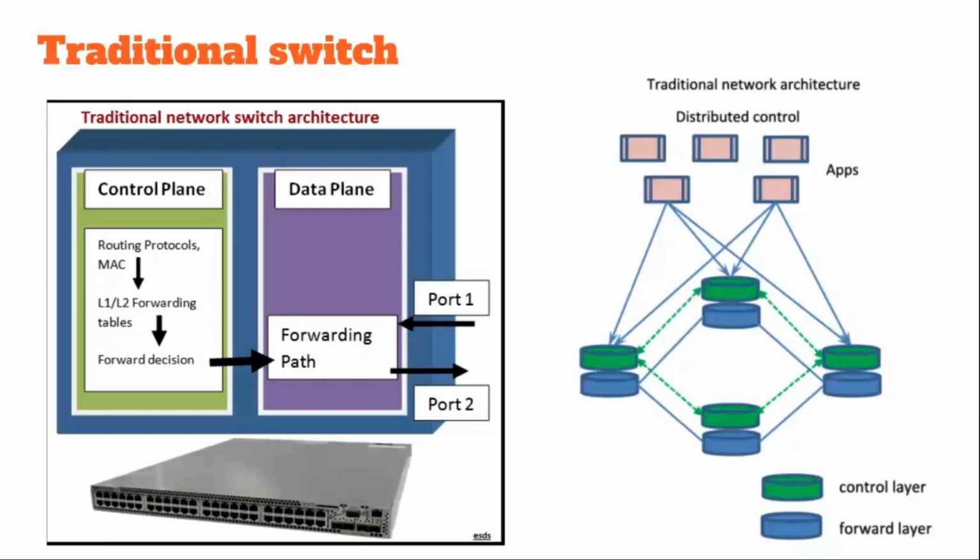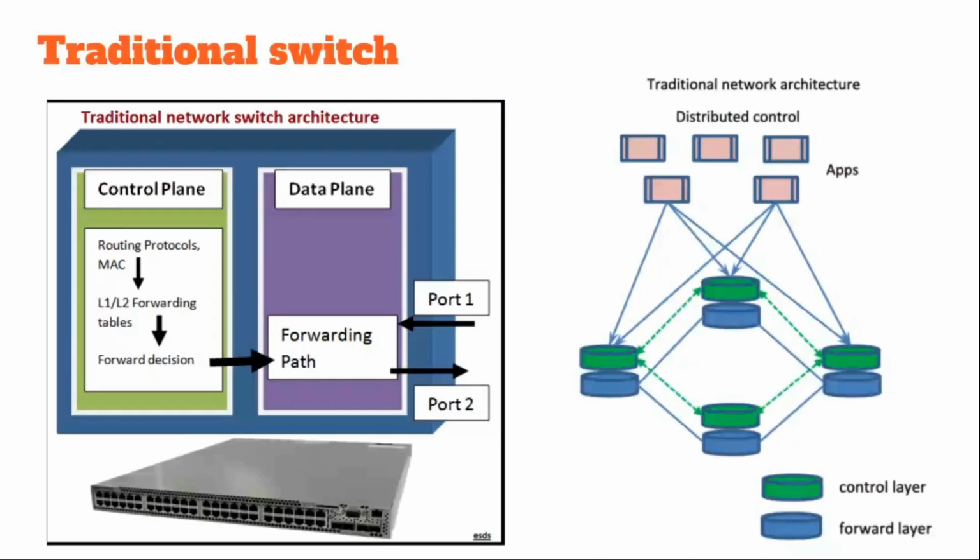So for example, here you see we have port 1. Now this port 1 wants to send a data packet to port 2. So what basically happens is port 1 sends it to the data plane. The data plane forwards this packet for decision making to the control plane residing within the same switch.